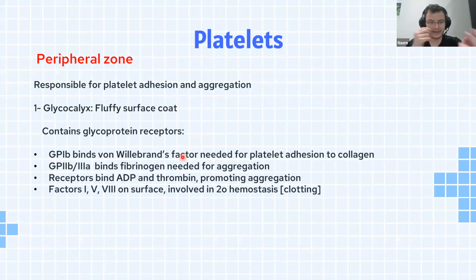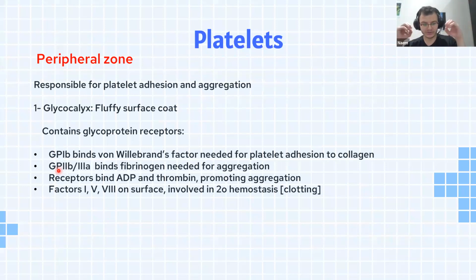Now, the second thing we find on the surface of the platelets is glycoprotein 2b3a. I know it's a very weird name, but you just need to memorize it. You see this molecule is found on the platelet surfaces, and it is related to aggregation. Aggregation, we said, is between the platelets. So this molecule is going to be found on the two platelets that are going to aggregate, on the surface here and on the surface here.